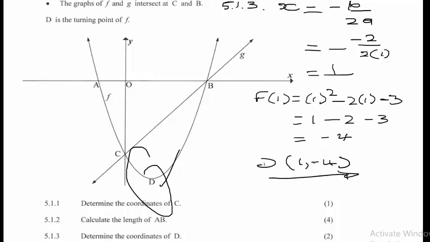So now you are calculating the average gradient. So to calculate the average gradient, you should always note that there is a formula for calculating gradient, and your formula normally is y2 minus y1 over x2 minus x1. So we don't have enough space on this page. I'll move on to the next page.